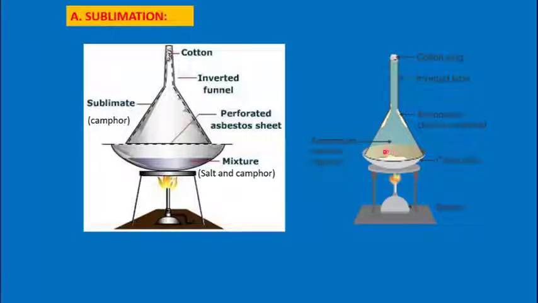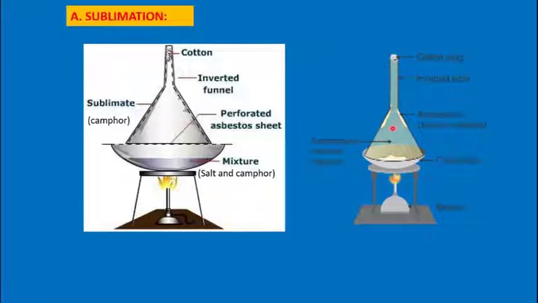Take this mixture of ammonium chloride and salt in an evaporating dish or china dish and keep an inverted funnel over it. As a precautionary measure, you must keep a cotton plug at the stem of the funnel so that the vapors of the sublimable substance should not escape through the funnel. Then start heating the mixture slowly, and you can see dense white fumes of ammonium chloride vapors forming and rising up.